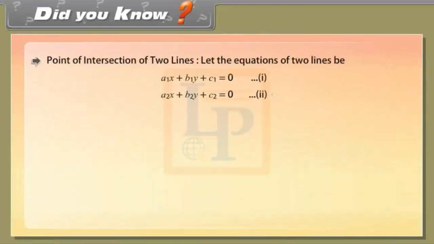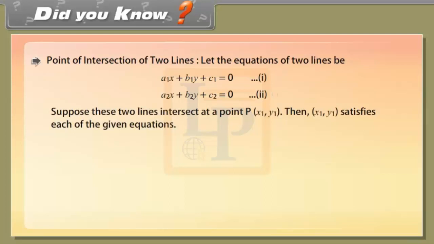Did you know? Point of intersection of two lines. Let the equations of two lines be a1x + b1y + c1 = 0. Mark it as 1. And a2x + b2y + c2 = 0. Mark it as 2.